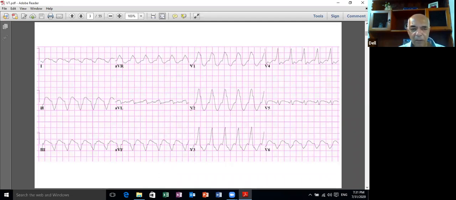Additionally, the axis in the frontal plane is a northwest axis, very unlikely to be supraventricular tachycardia with aberration. So looking at the underlying etiology is very important.